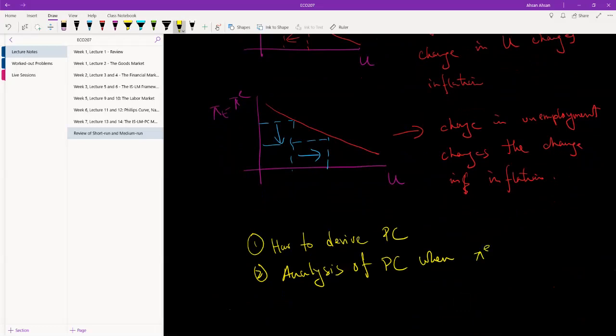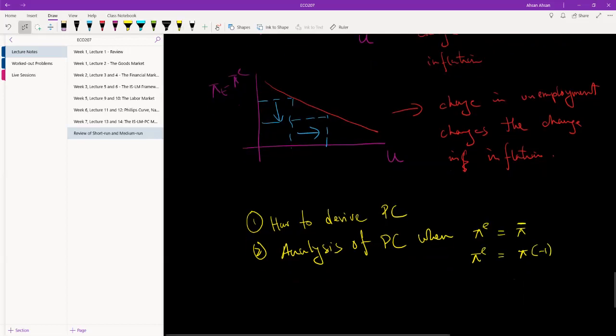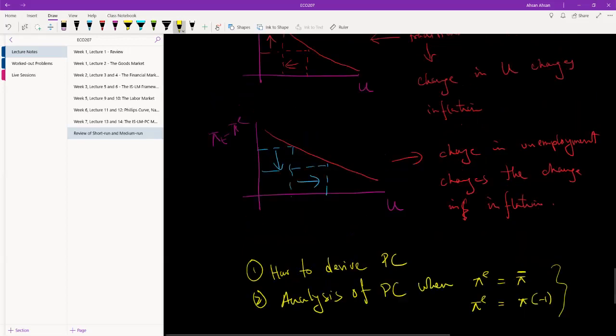When expectation of inflation is a fixed number and when expectation of inflation is previous year's. So these are the two things that you all should understand.